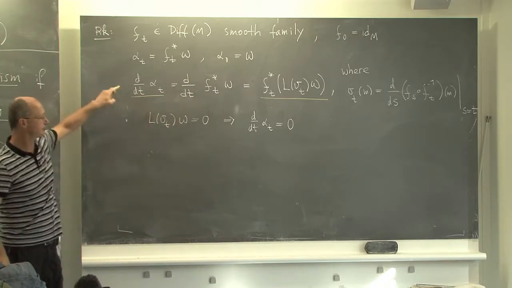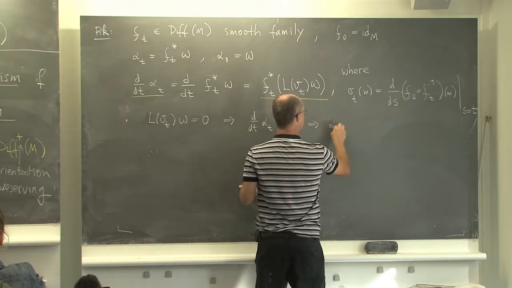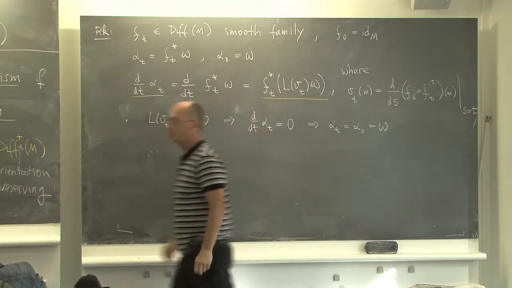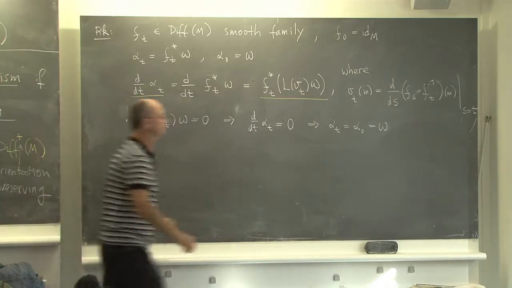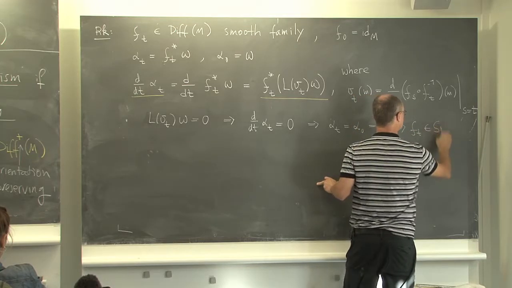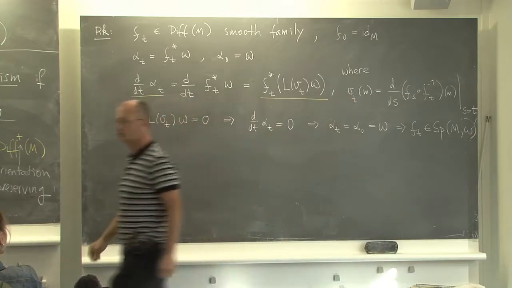So the right-hand side is equal to 0, then the left-hand side is equal to 0. And then this means that alpha t is equal to alpha 0 and is equal to omega. And Ft is a symplectomorphism.